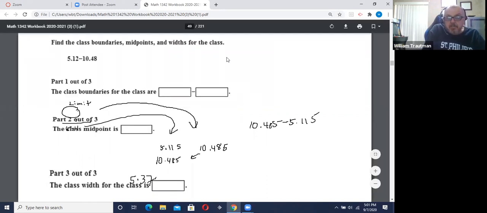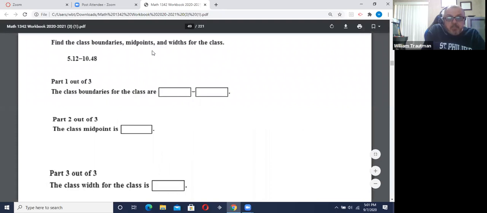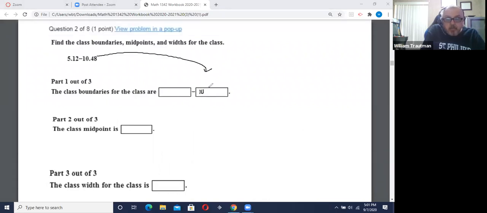Let's take a look at this one again. So the class boundary was, with a 5 at the end, 10.485. Subtract 1 from the last digit, 5.11, and then tack on a 5.